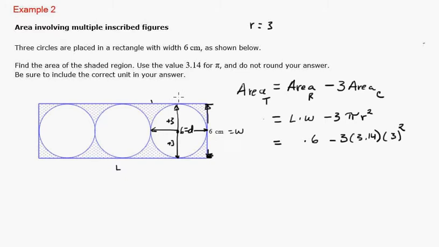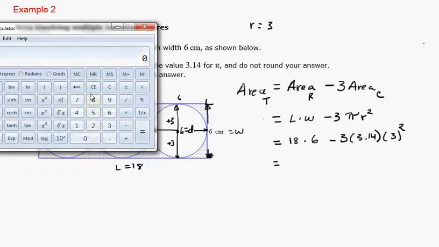So that would be 6 plus 6 plus 6, which is 18. 3 times 6 is 18. So the length is 18. We had to use our knowledge of the circle to figure that out. So now we can just put this into the calculator and we're good to go.